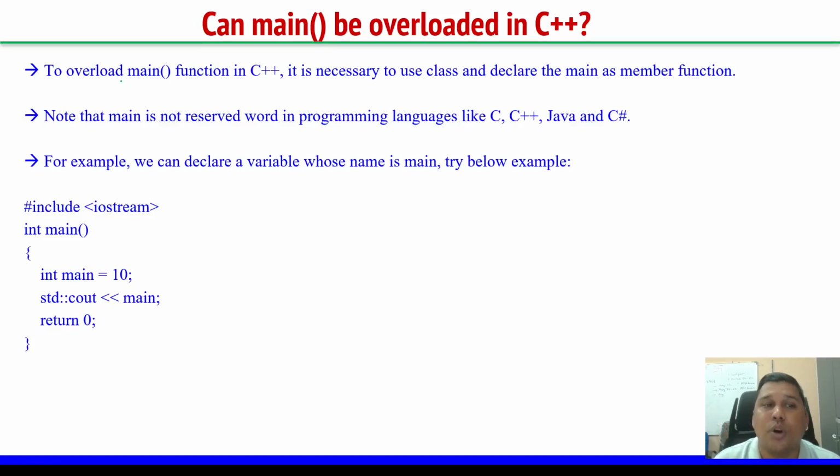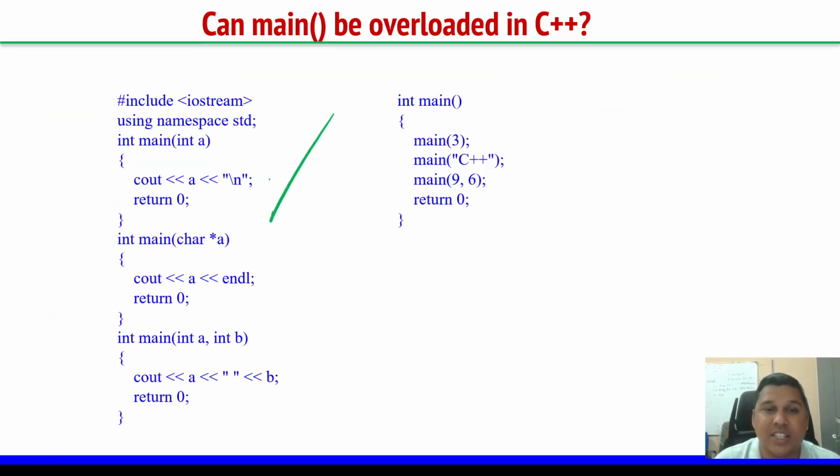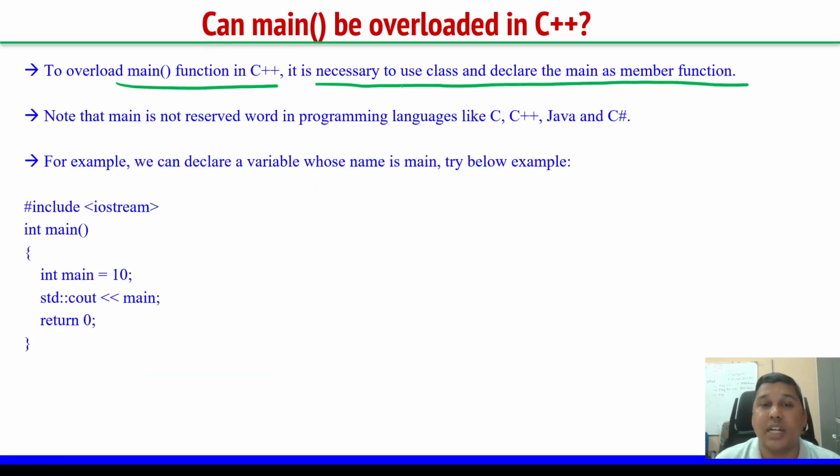Now to overload the main function in C++, it is necessary to use a class and declare main as a member function. Only that way can you overload them, but not this style. In a class you define the function main, and that main you can call by creating objects.